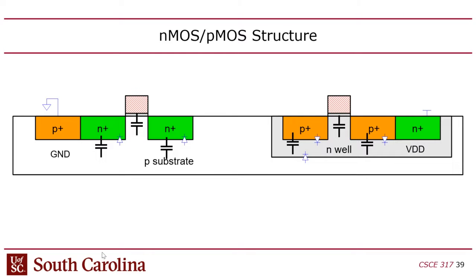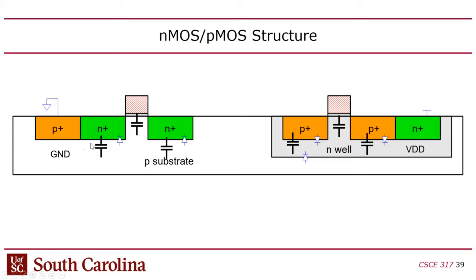So what you end up with is a capacitor between the diffusion areas and the substrate, or the well in the case of a PMOS. The reverse biased diode, which is the diffusion area to the substrate, is a capacitor. And of course the gate to the substrate is also a capacitor. In fact, that's supposed to be a capacitor. That's the way it works. This capacitor is unavoidable, because if the gate wasn't a capacitor, the transistor wouldn't work.